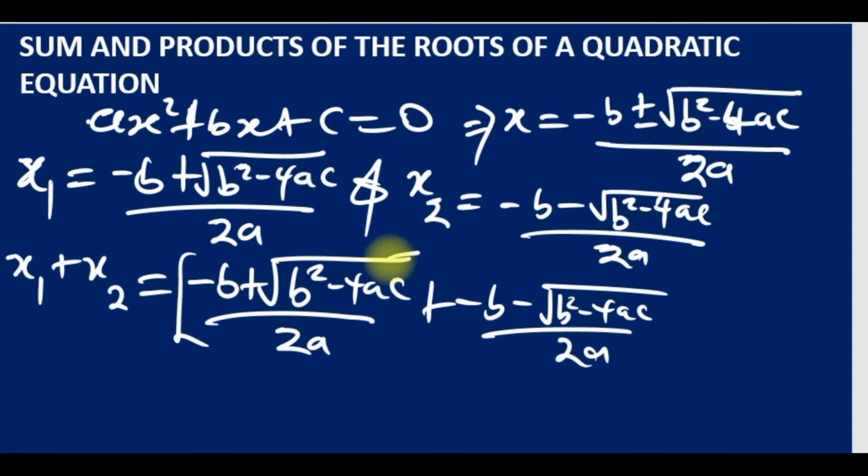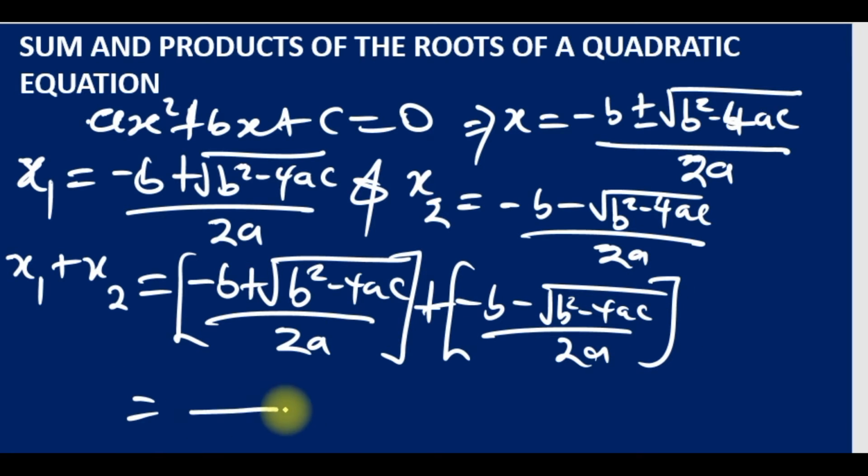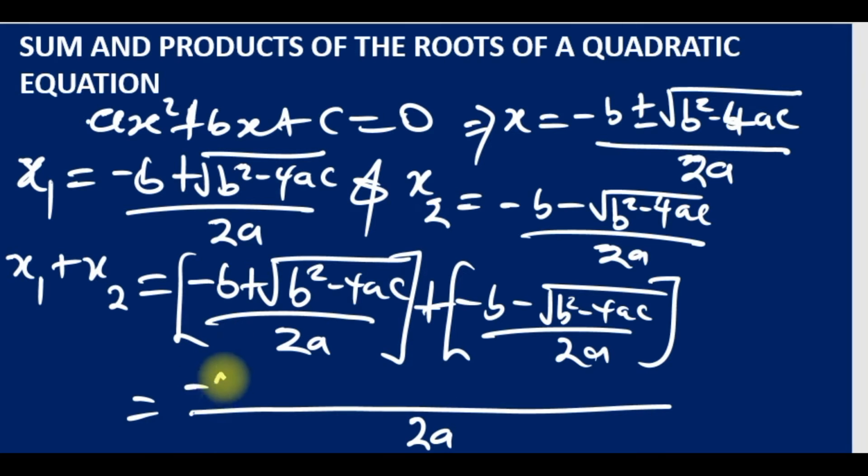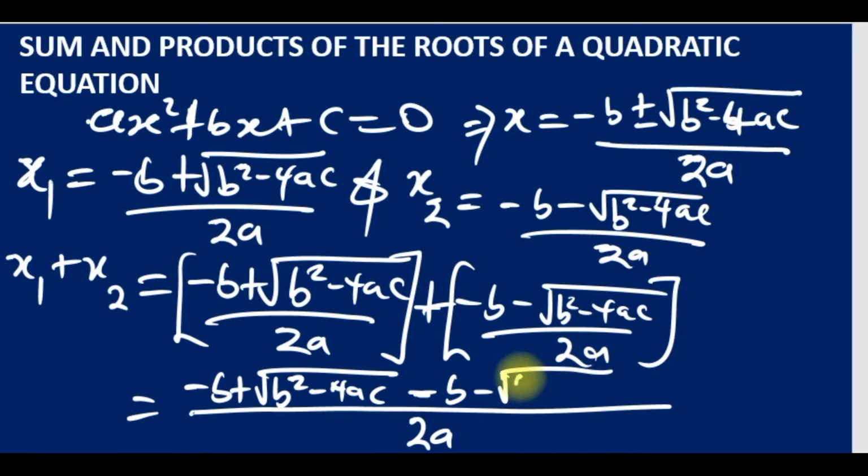So that's the first one, and this is the second one. You notice they have a common denominator 2a. So we write minus b plus the square root of b squared minus 4ac, plus minus b minus the square root of b squared minus 4ac.